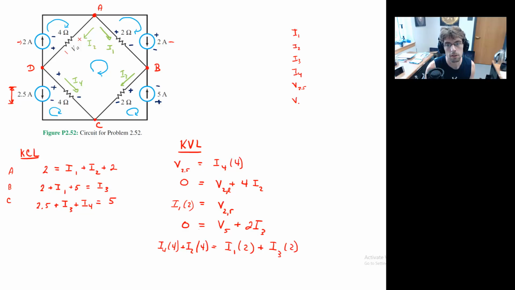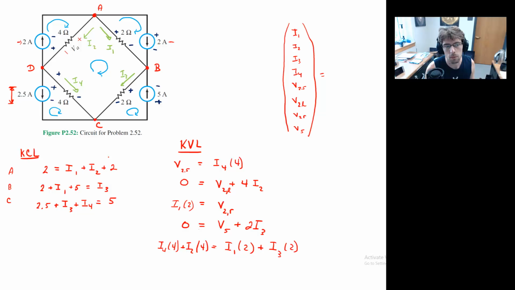I'll do the potential for this 2 amp source upper left, the potential for the 2 amp source upper right, and the potential for the 5 amp source. Okay. And this is perfectly valid because we're dealing with linear equations. You don't have to have just all currents or all potentials. You can have some sort of mix between these as well.